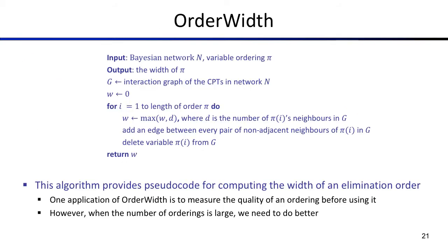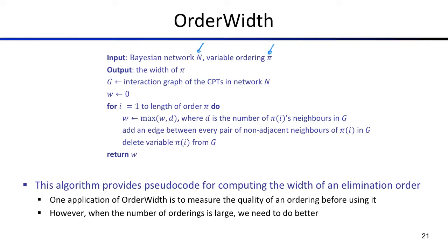Okay, here we have one algorithm that uses those interaction graphs in order to compute the width of one elimination ordering. We have done this before, but using a sort of simulation process, thinking about the factors and eliminating variables and the factors and keeping doing that. We can do a very similar process, but just thinking about the interaction graph. So the algorithm is the following. We start with a Bayesian network N and the variable ordering pi.